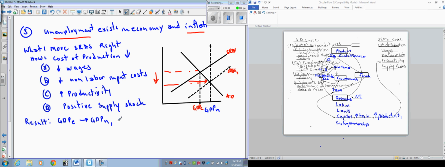Now, unemployment in this case once again decreases to natural rate of unemployment.